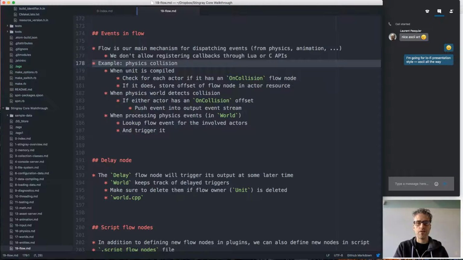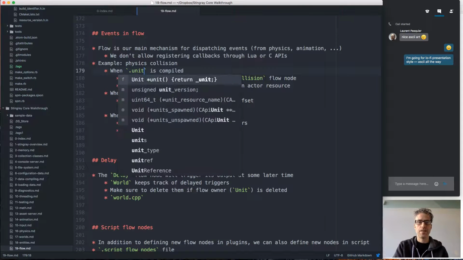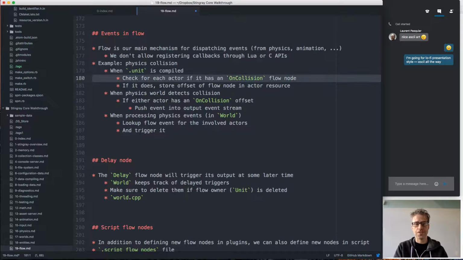An example of how the event system works today: let's use physics collision. When we compile a unit file, we check for each physics actor in the unit if it has an on-collision flow node.